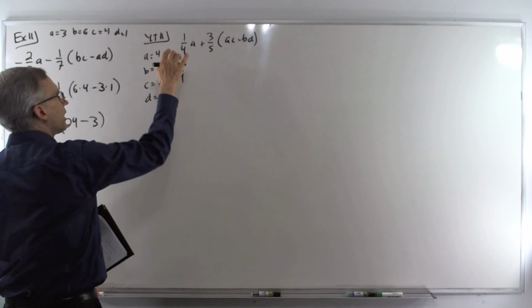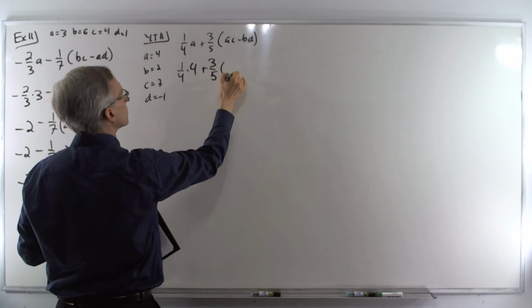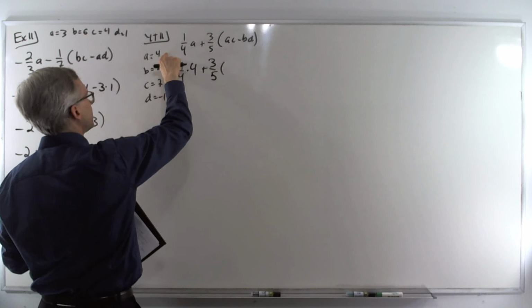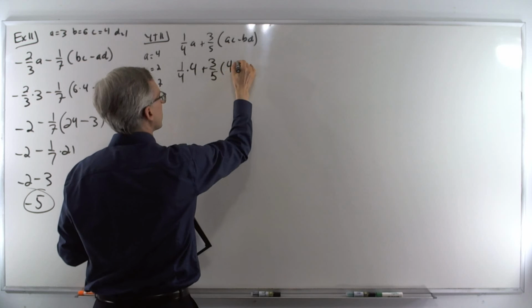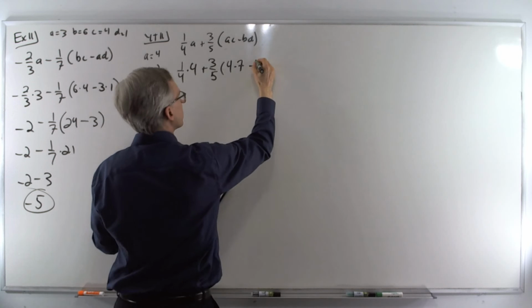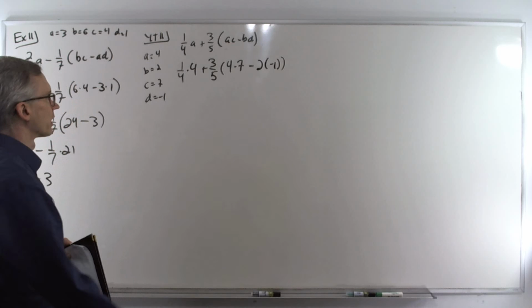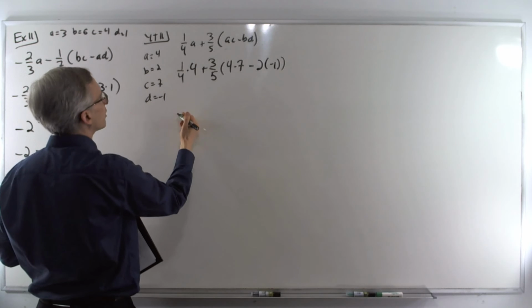Plugging in 4 for A. And then we've got A times C, so 4 times 7, minus B times D, so 2 times -1. Alright, got a cancellation here, 4 over 4.